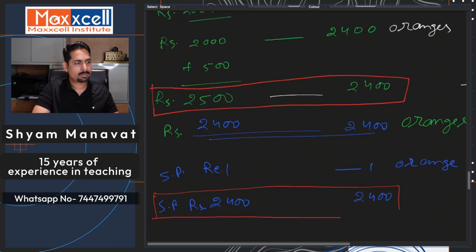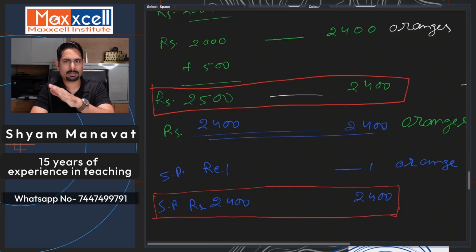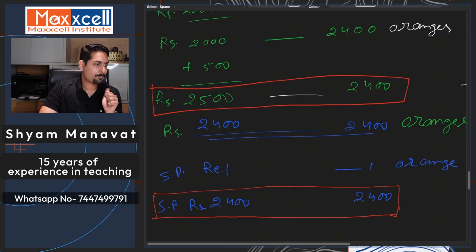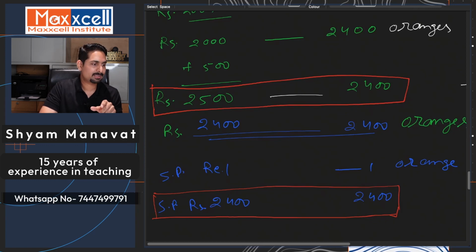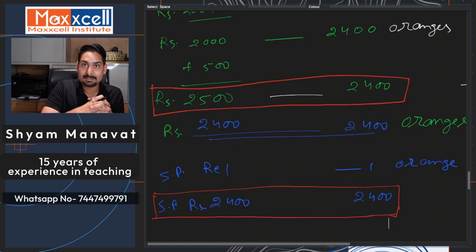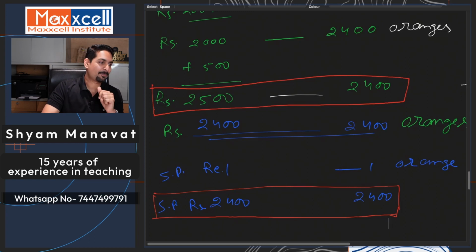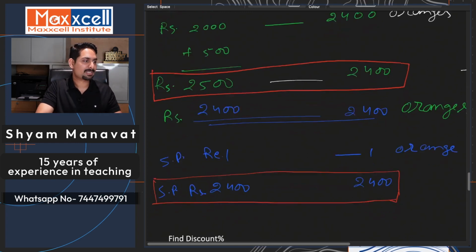Now the moment your quantities are equal, you don't need to worry about the quantity. Then you can directly compare the prices. The cost price is 2500 and the selling price is 2400. The cost price of this many oranges is 2500 and the selling price for the same number of oranges is 2400. Is he gaining or losing? Correct, you are right. He is losing because the selling price is less.